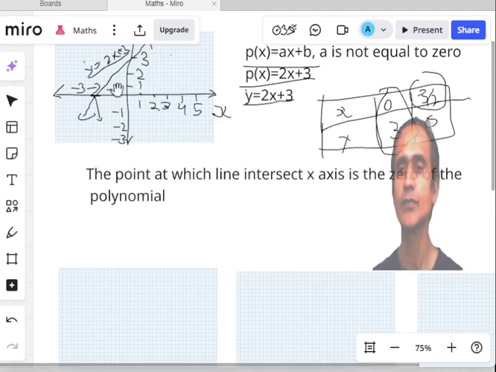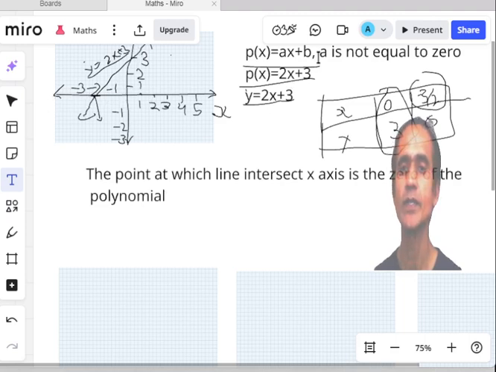So from this graph we understood that a linear polynomial has a 0 lying at the point at which this line intersects the x-axis, and this can only intersect at one point.